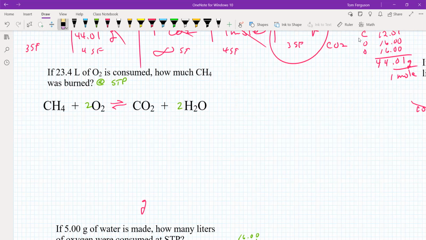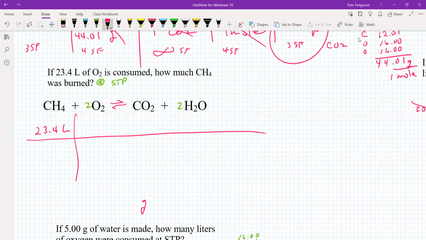So given this 23.4 liters, we're trying to calculate how much. Again, how much we're talking about is grams. So we're talking about grams of methane.